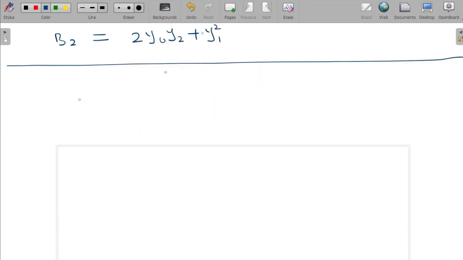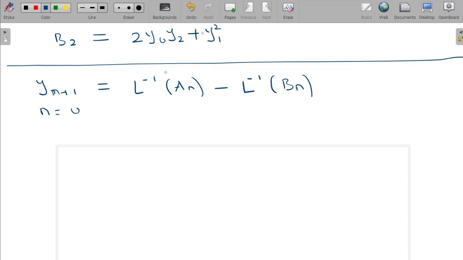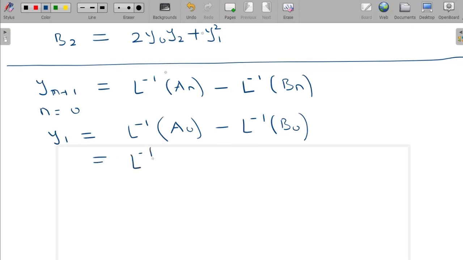Now, to continue the solution, we have our recursive relation y n plus 1 equal to L inverse A n minus L inverse B n. So at n equal to 0, y1 will be L inverse A naught minus L inverse B naught, with A naught and B naught as given above.